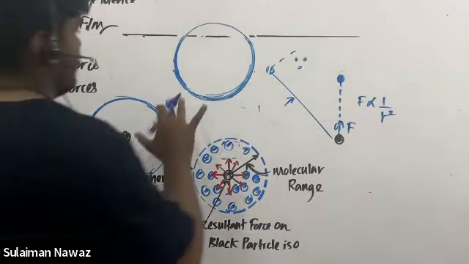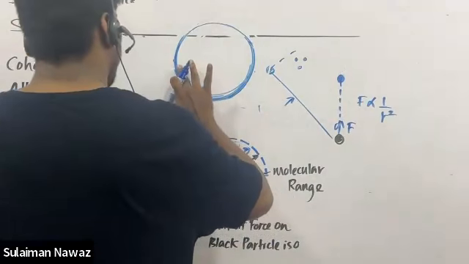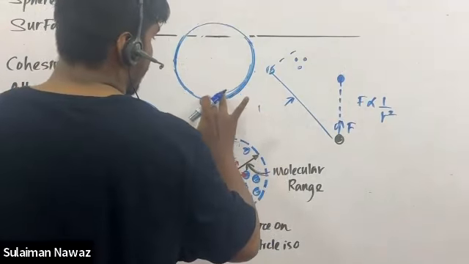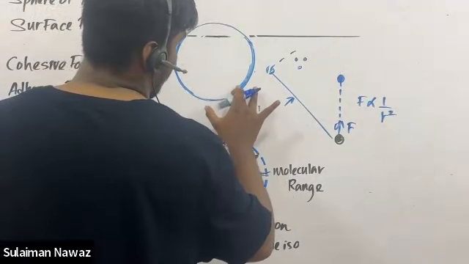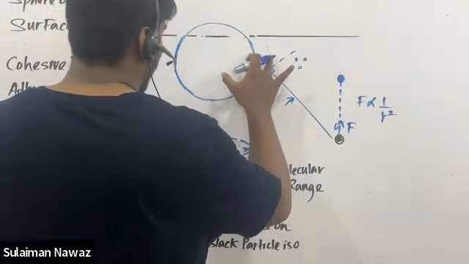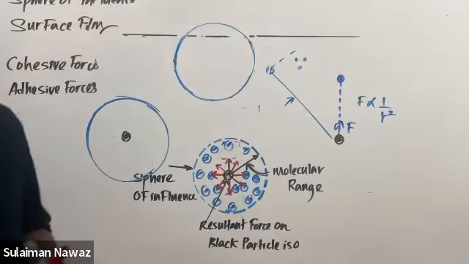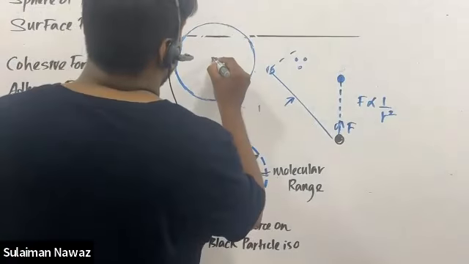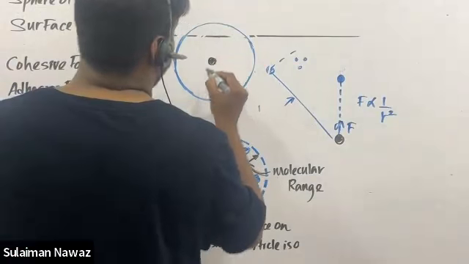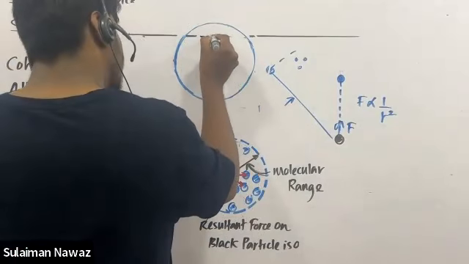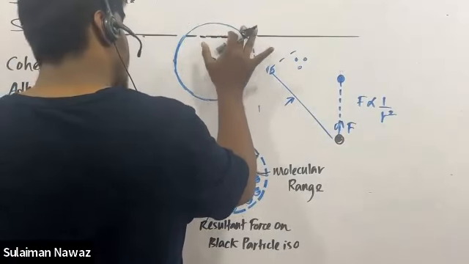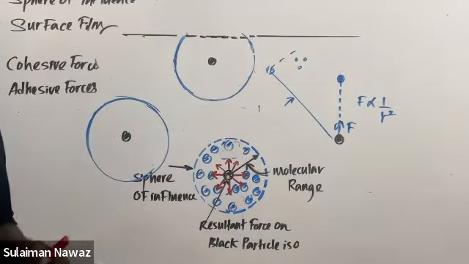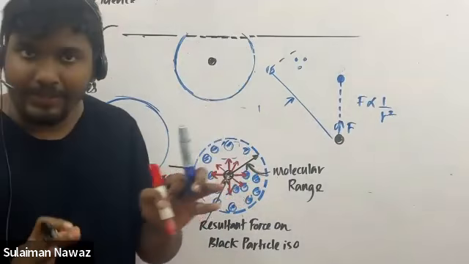Now in this case, if I consider this as my considering black color particle, then you can clearly see that the sphere of influence is not a perfect sphere.